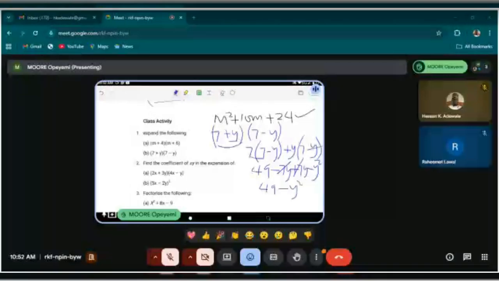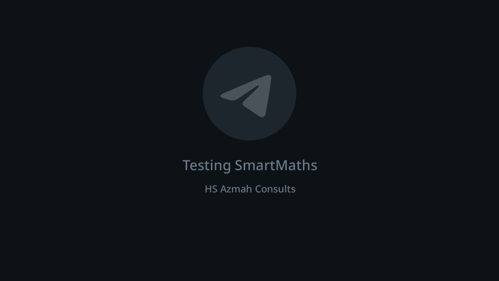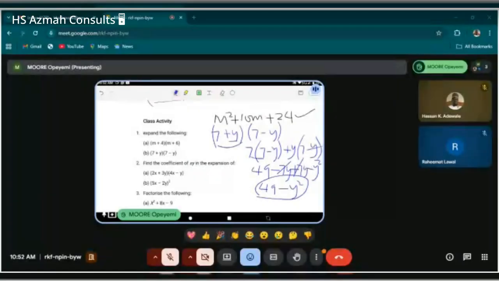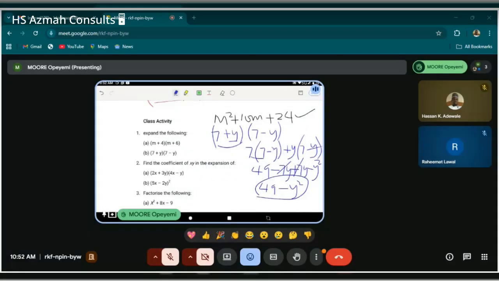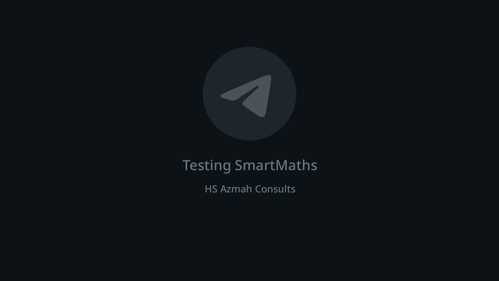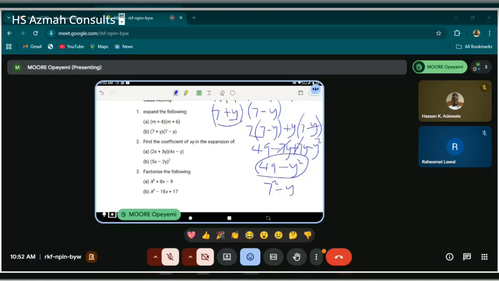This type of quadratic expression is what is called difference of two squares. Are you with me? Yes, sir. Call it difference of two squares. The first term written in square form, that is 7 raised to the power of 2 minus y squared.